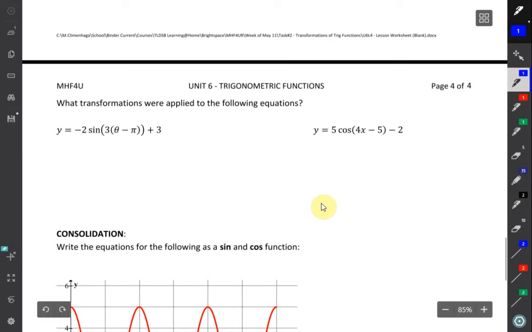Quickly though, we are just going to review writing the transformations. This is a reflection, there's a minus in front, so it's a vertical reflection in the y-axis, or over the y-axis.